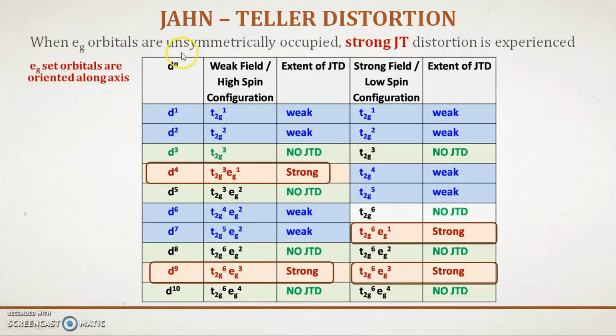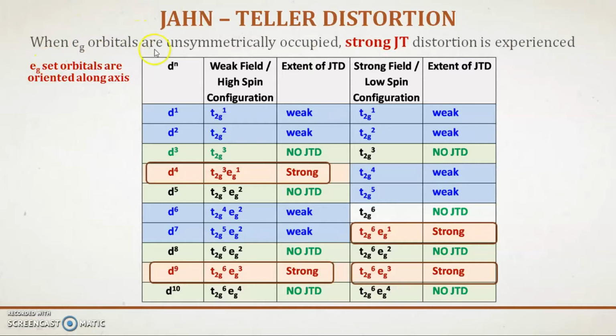It means that the electron distribution along the axis is not symmetrical, because the eg set is the dx square minus y square and z square orbitals. When there is no equal distribution of electron density along the axis, it leads to maximum distortion.